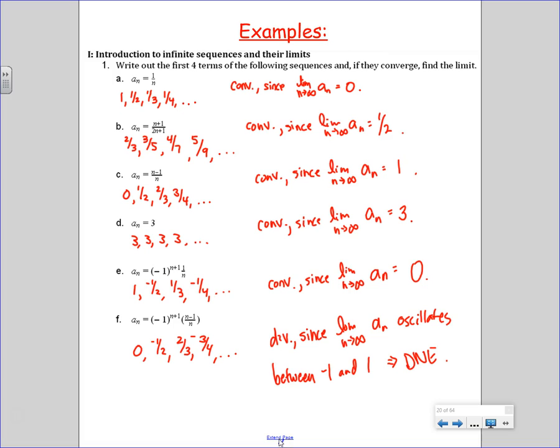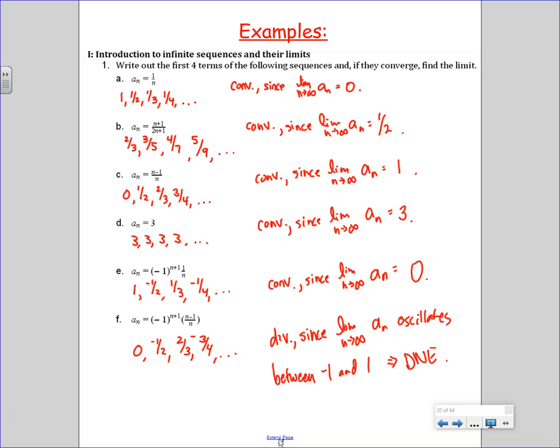So yes, it's bounded, but it's not monotonic. Since it's a sequence, it's just the points, not a continuous curve. The points are ever getting closer to both positive and negative 1, but not at the same time, therefore divergent. That was a little weird.